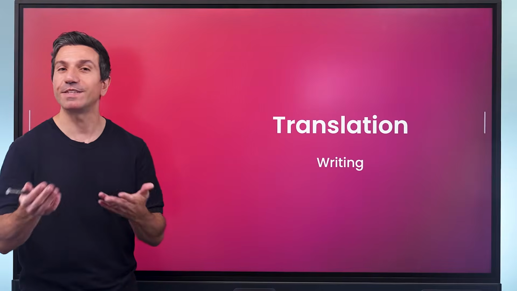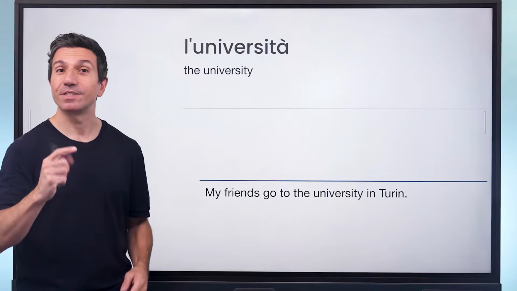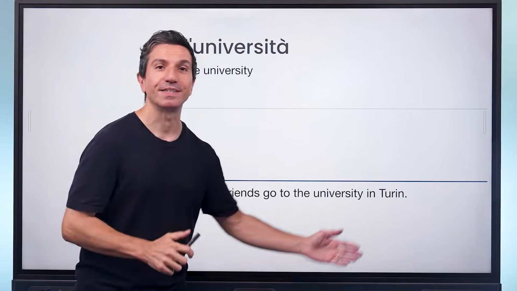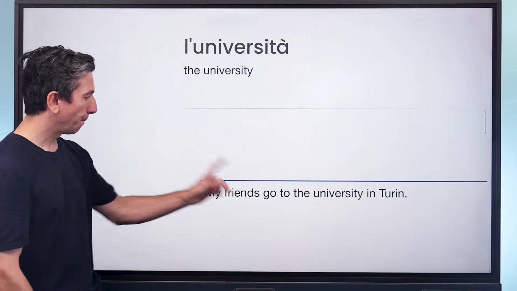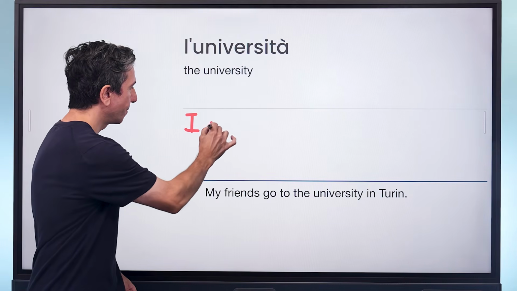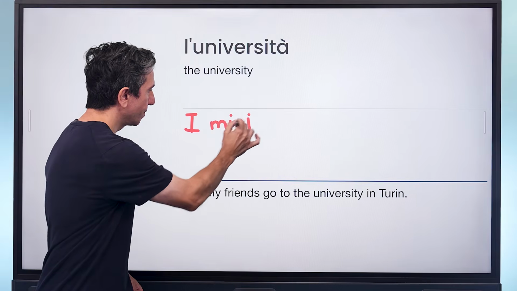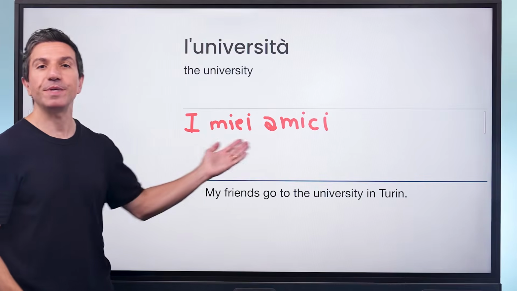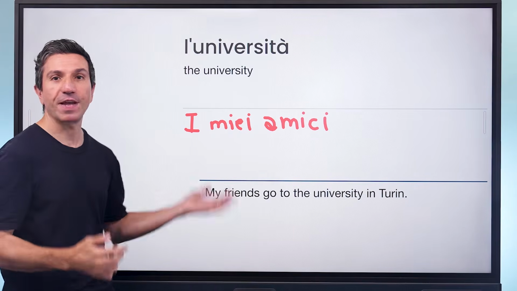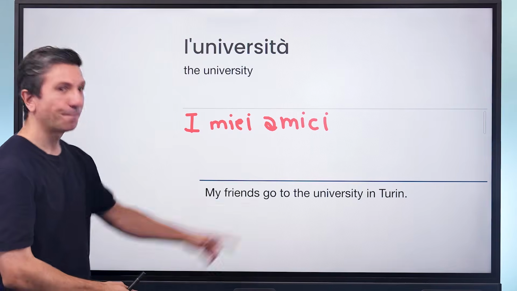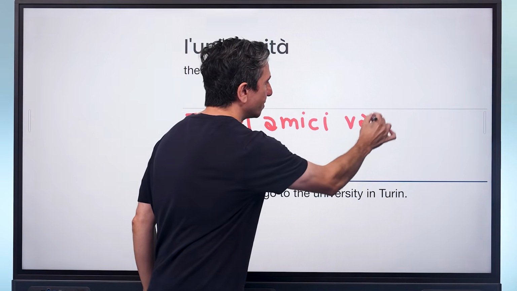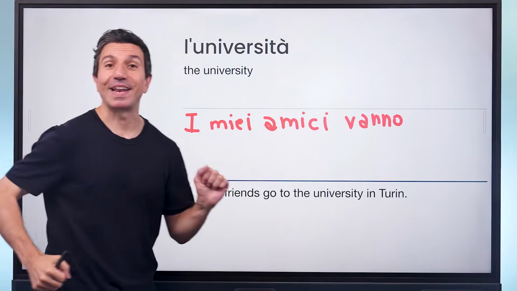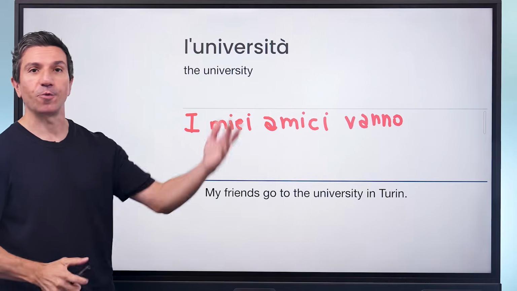Let's translate some sentences into Italian. Translate. My friends go to the university in Turin, into Italian. I miei amici, the subject, meaning my friends, followed by vanno, the present tense of andare, for loro, meaning they go. Next.